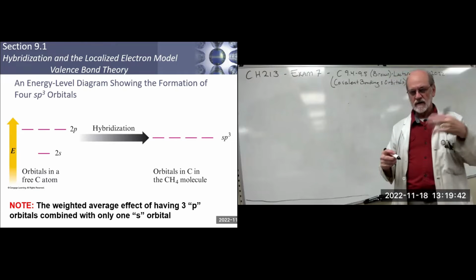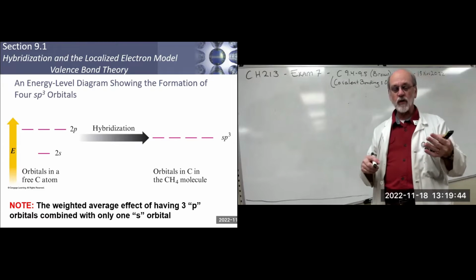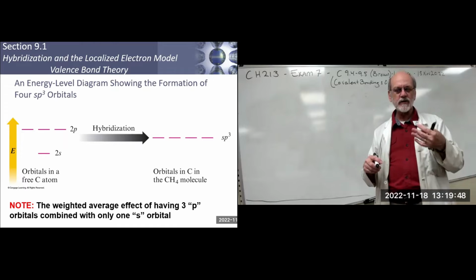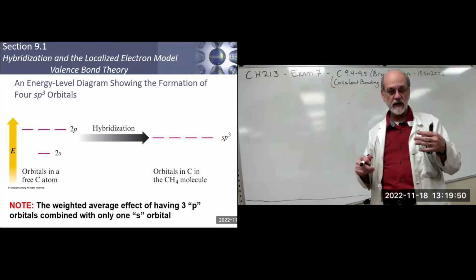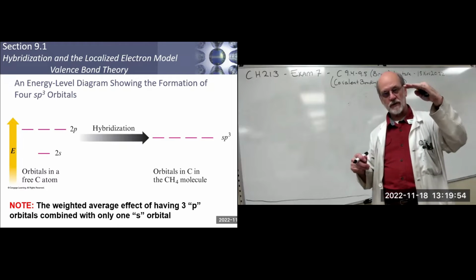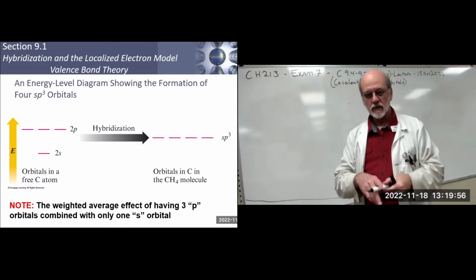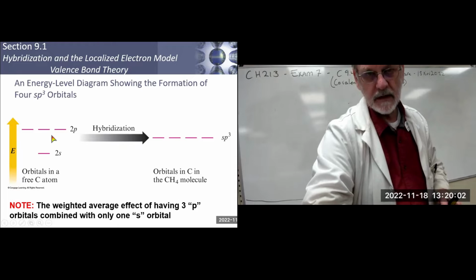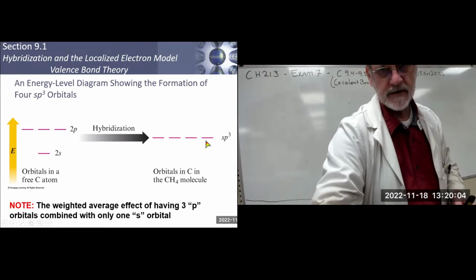And if you have 3 p orbitals going in and only 1 s orbital, then it stands to reason that the energy of the sp3 hybrid orbitals is going to be up closer to the original p orbitals. And that's what we show here with this position of these sp3 orbitals just a little bit below the unhybridized p orbitals.